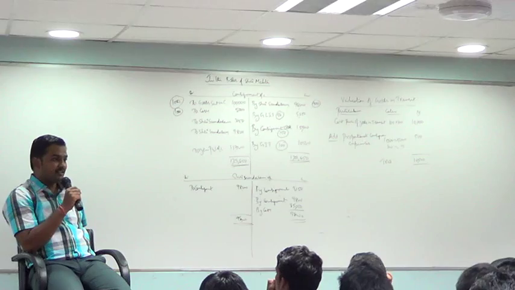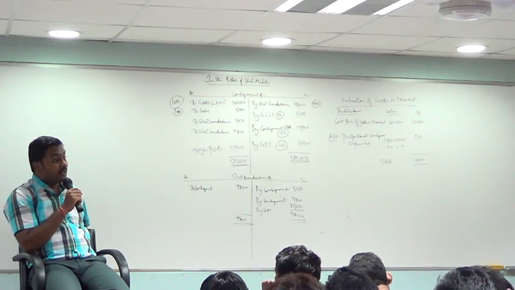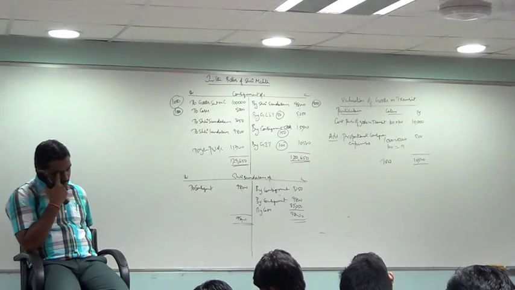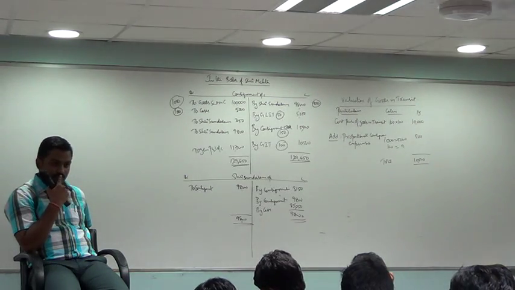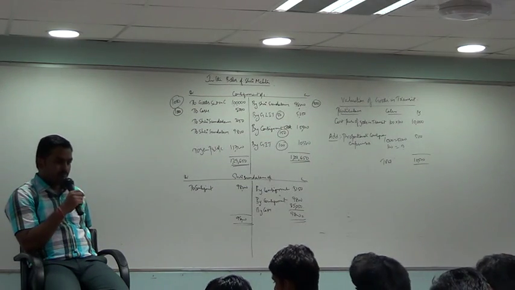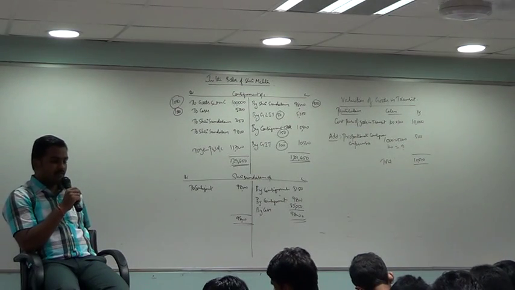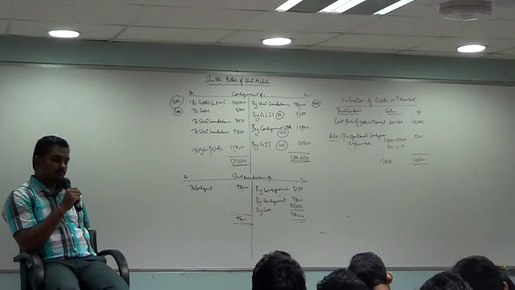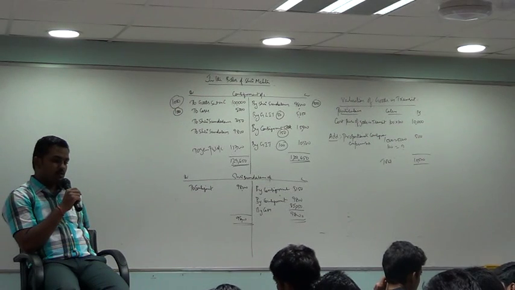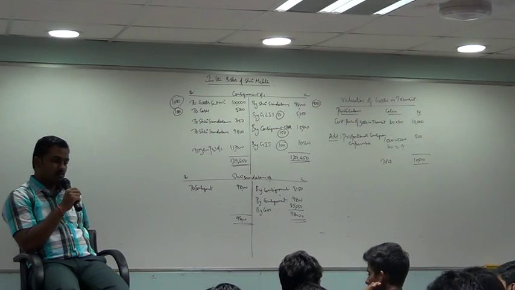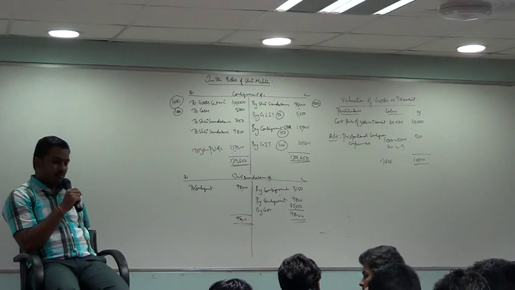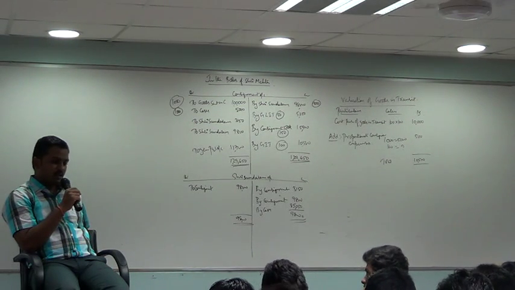This is the entry for commission income in the books of the consignee. Clear? Next, when the consignee pays expenses, underline. When the consignee paid expenses, write down.